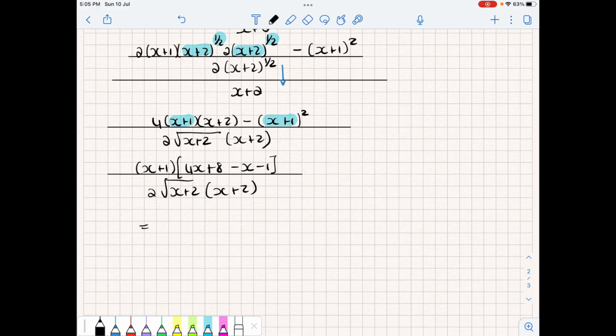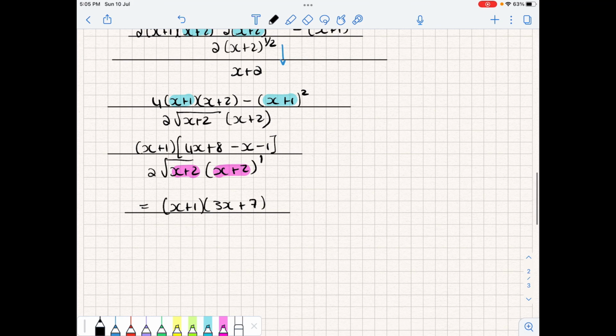One final bit of simplification: (x + 1)(3x + 7) all over, right? We can use one further indices law. Here we have the same base again. The square root is to the power of a half, and this is to the power of 1. When we multiply two things with the same base, we add the exponents, and so we can write this as (x + 2) to the power of 3 over 2.